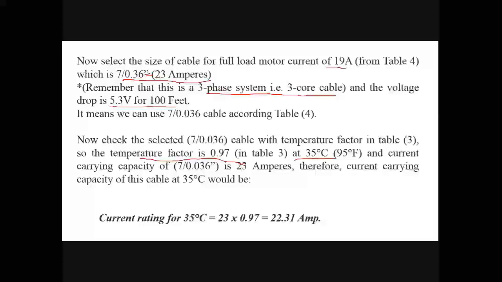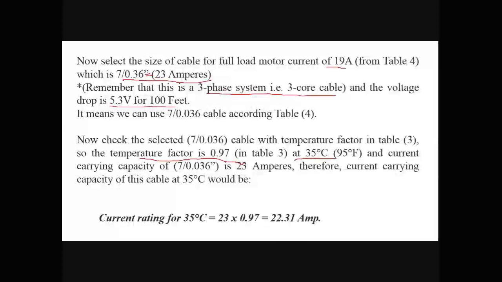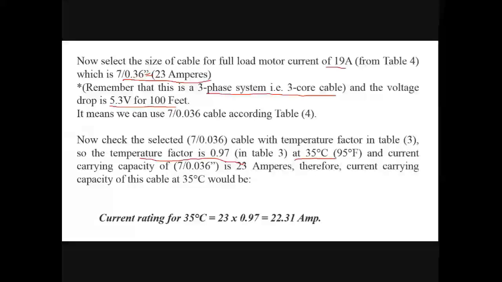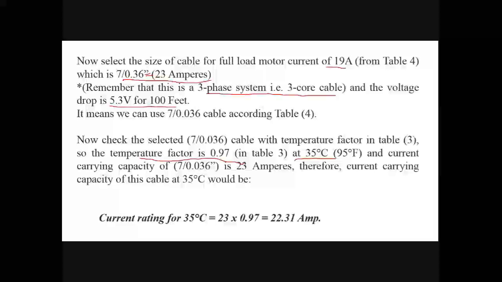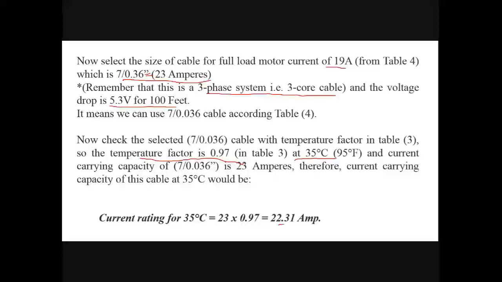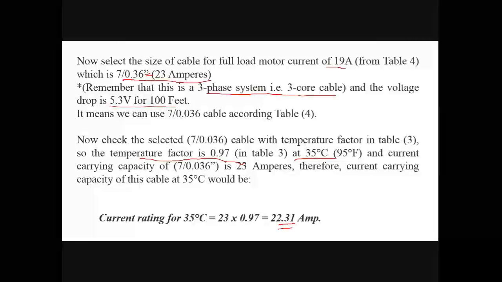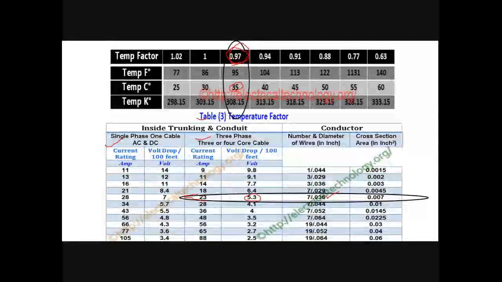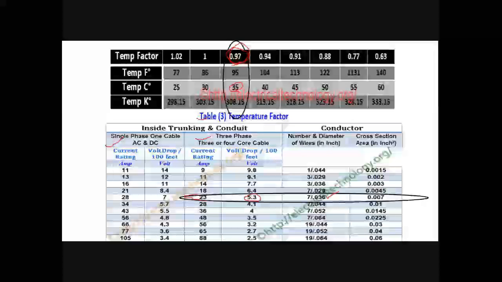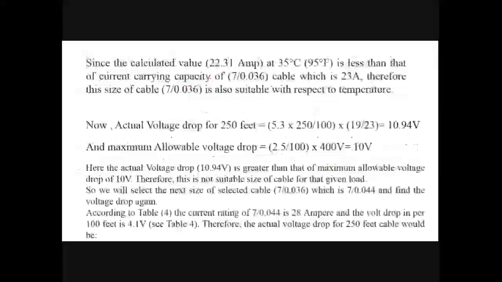At 35 degrees Celsius, what are we going to do? We multiply 0.97 with 23 ampere, which is the maximum current. The value becomes 22.31, which is not available in the table, so we consider the same current, that is 23. That is okay.